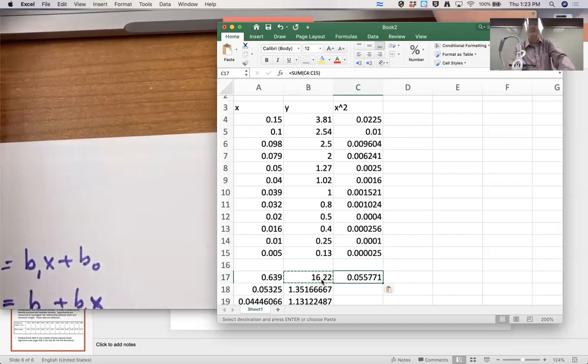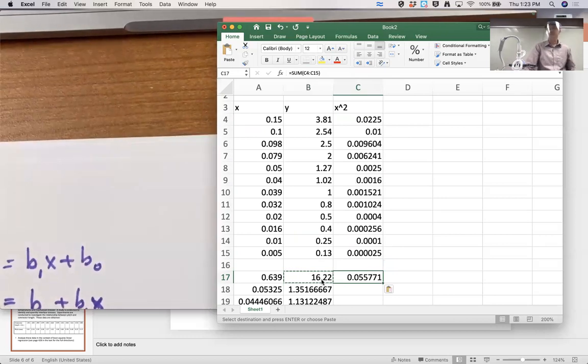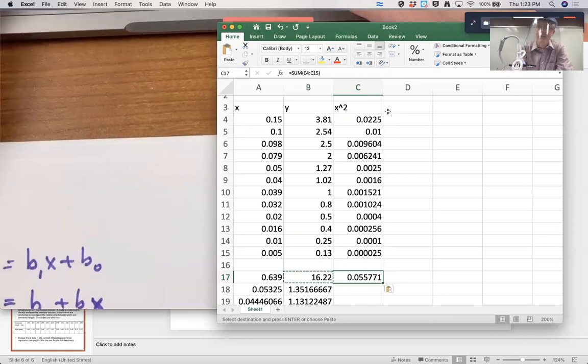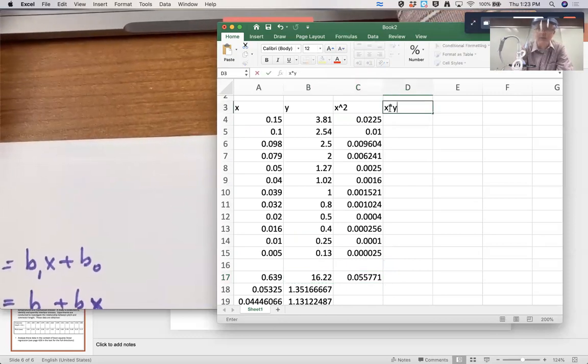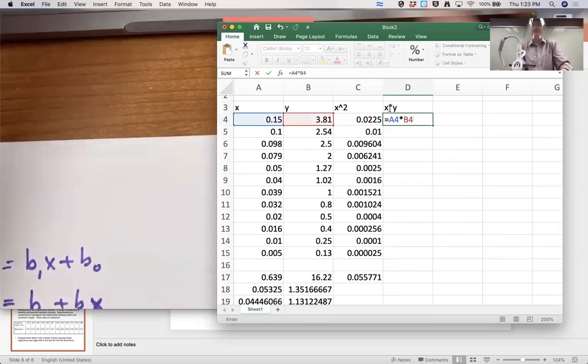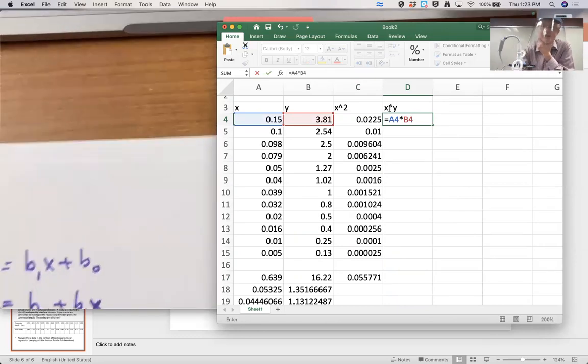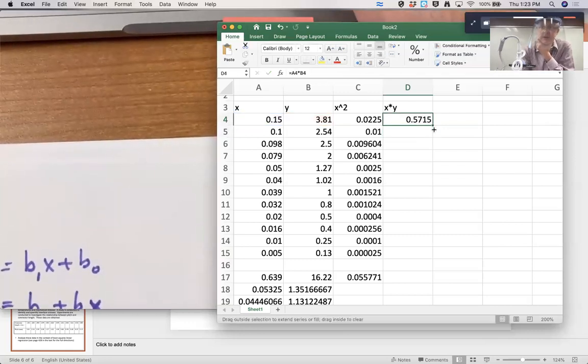That's the sum of the x squared values. I also need the sum of the x times y values. So I do this. A4 times B4 is what that says. Those are a bit bigger and their sum is going to be a bit bigger.